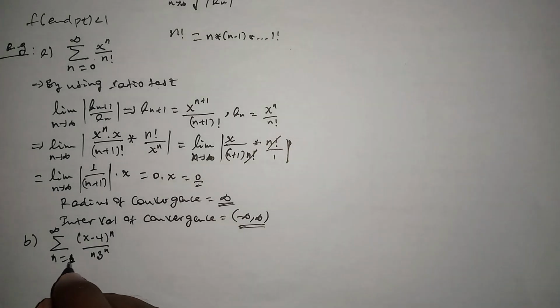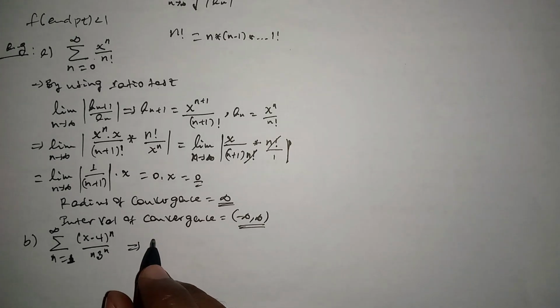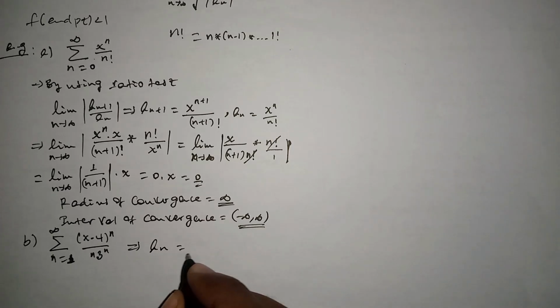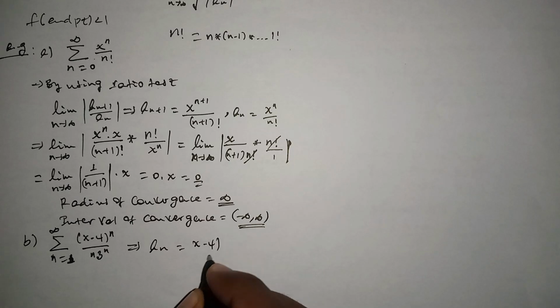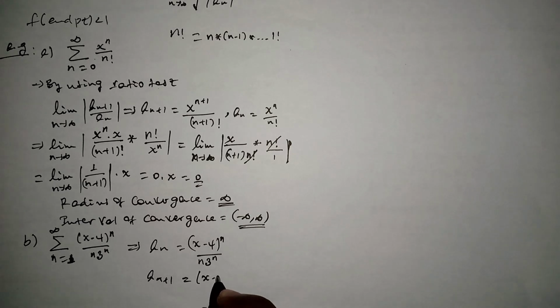In this part we have a n, which is equal to x minus 4 raised to n over n times 3 power of n. This is our a n, and from this our a n plus 1 is equal to x minus 4 raised to n plus 1 over n plus 1 times 3 power of n plus 1.